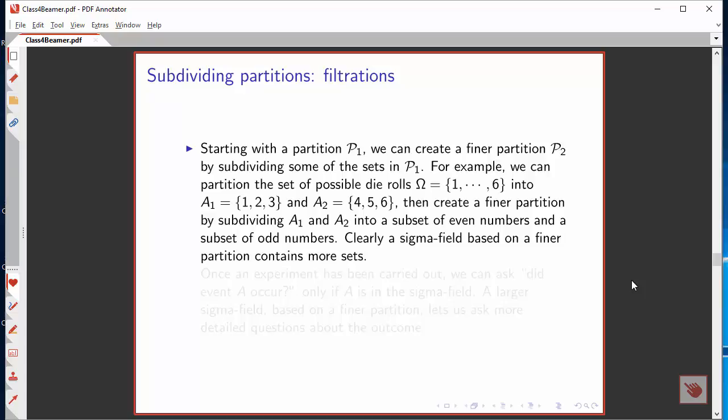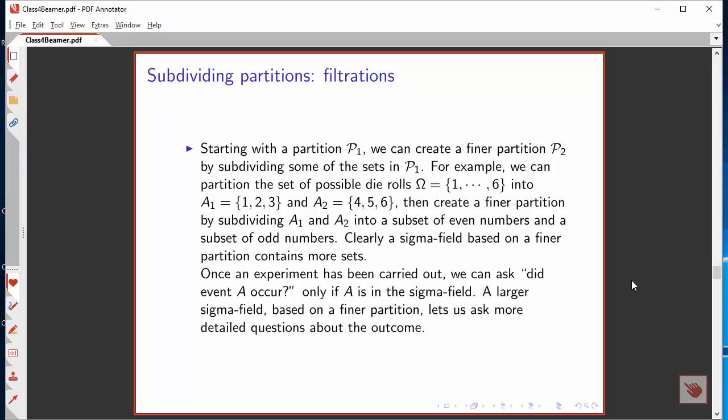For example, we could have started by partitioning possible rolls on a single die into small numbers 1, 2, 3 and large numbers 4, 5, 6. Then we could create a finer partition by subdividing each of those into its even numbers and its odd numbers. If you have a sigma field based on a finer partition, it's going to have to contain more sets.